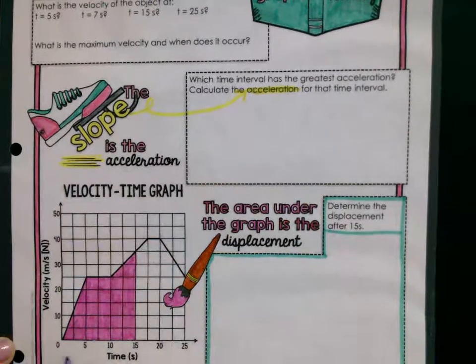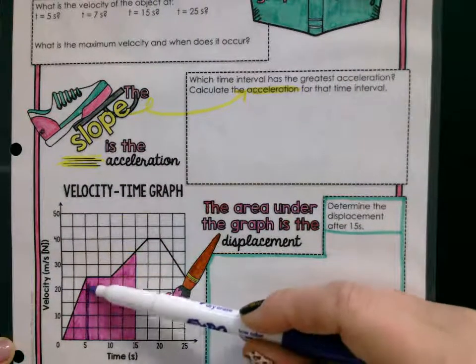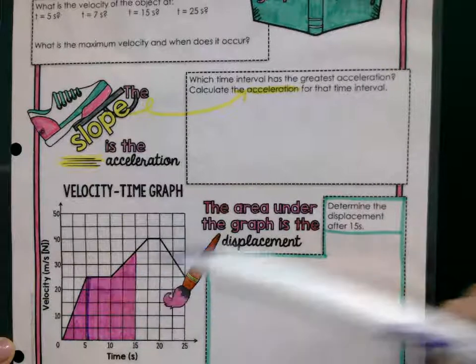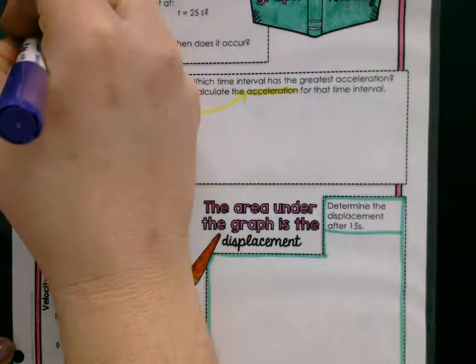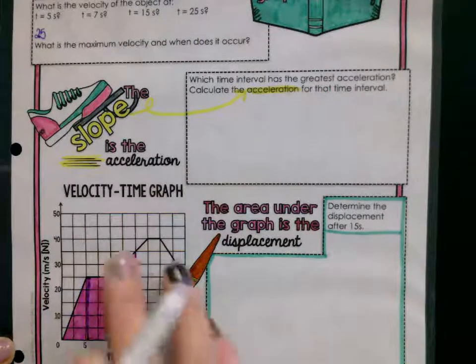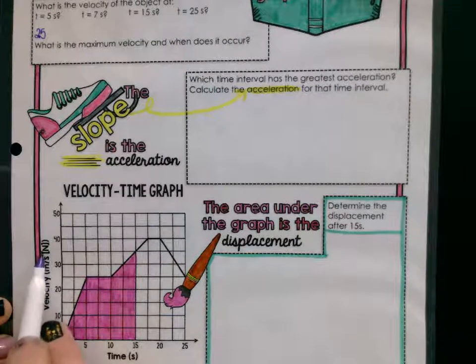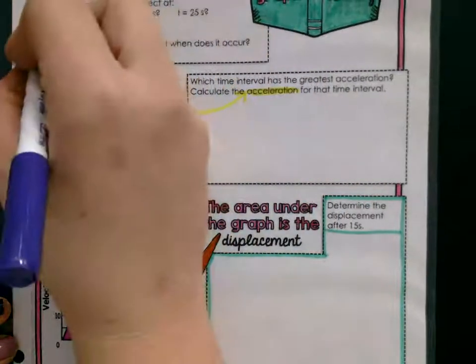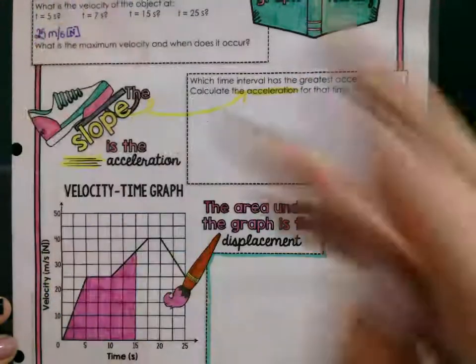So we're going to look at our graph, find 5 seconds, and follow it. And the velocity at 5 seconds looks to be 25. If it's velocity, though, it's a vector. So we need to include our units and our direction. So 25 meters per second north.